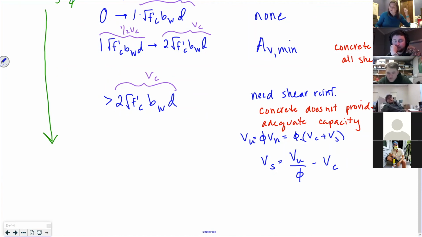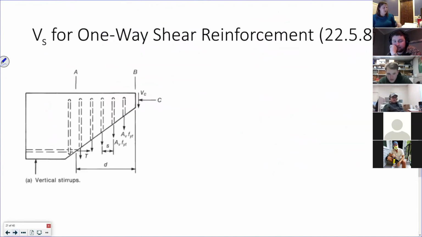Let's see. So how do I calculate my shear reinforcement capacity?